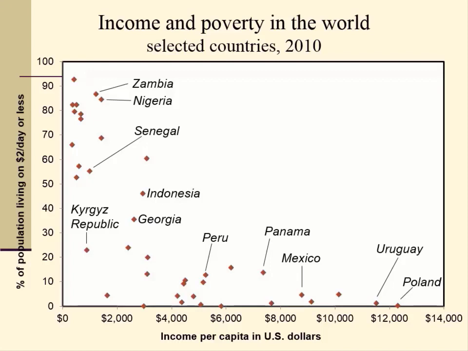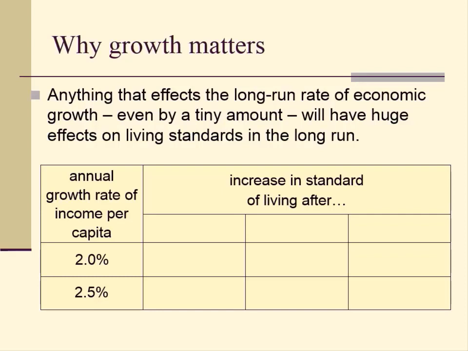What you can definitely see in this plot is a very strong negative correlation between income per capita and the percent of population living on $2 per day or less. In other words, the higher the income per capita, the fewer people live in extreme poverty, and vice versa. And the lower the income per capita, the share of the population living in extreme poverty is much higher.